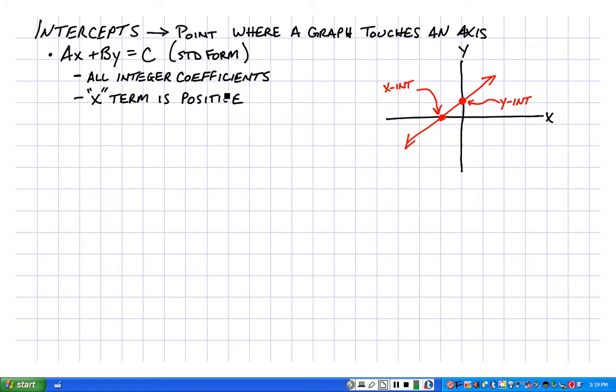I have seen equations put in this form where the x term is not necessarily always made positive, but generally speaking, to put an equation in standard form, we want integer coefficients and we want the x term positive.